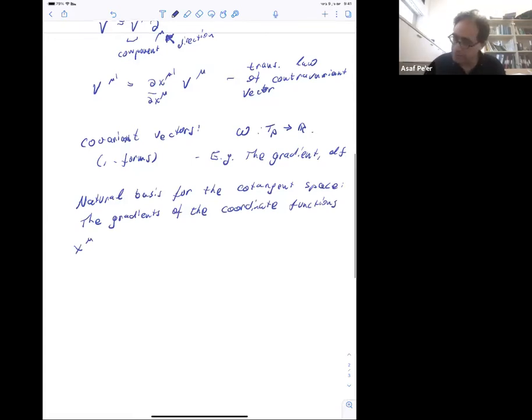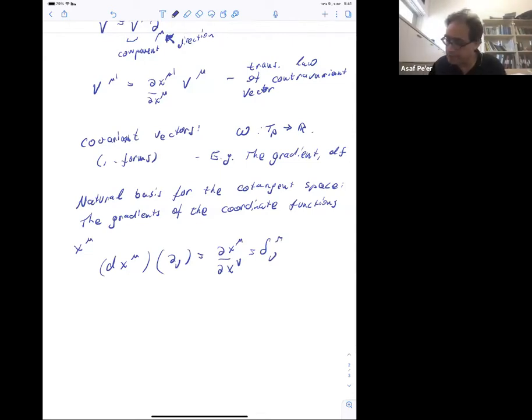And obviously dx mu operating on a vector d over dx nu is just equal to dx mu over dx nu, which is just delta mu nu.